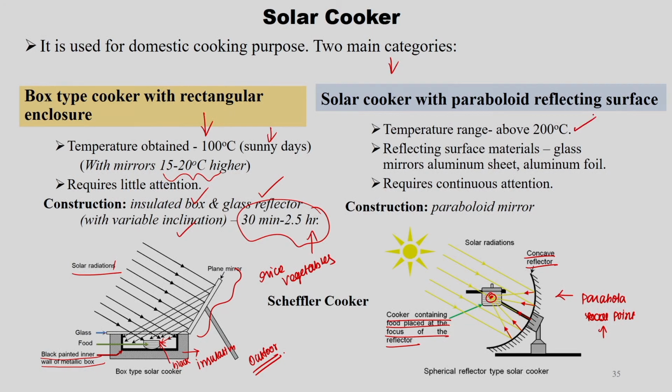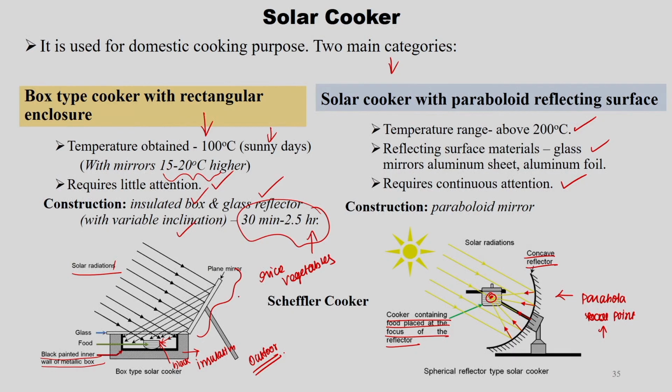The temperature range achieved is 200 degrees centigrade, and reflecting surface materials are glass mirrors, aluminum sheet and aluminum foil. It requires continuous attention, whereas the earlier one requires little attention. Why is it so?